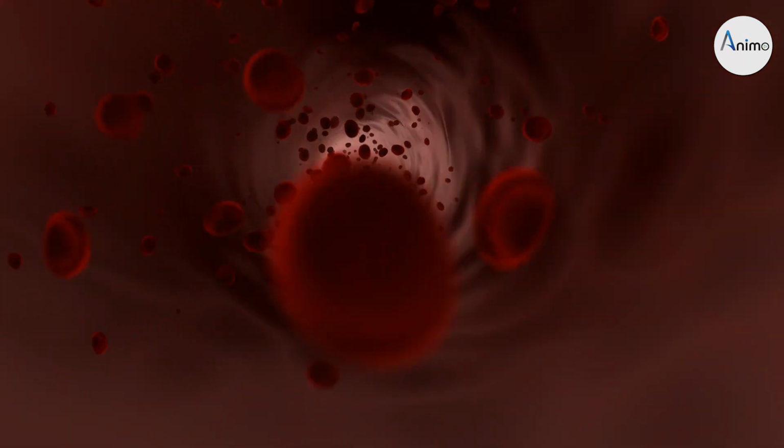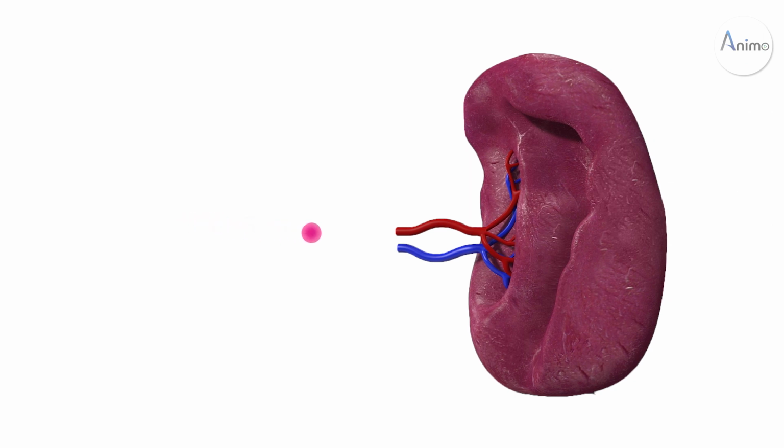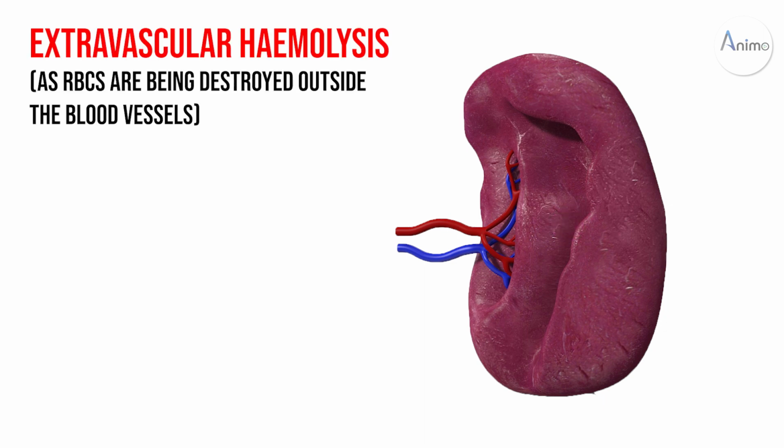So what's the problem with these RBCs? Actually, they may function the same or slightly less than normal RBCs. The real problem is that when these spherocytes pass through the vasculature of the spleen, they cannot make their way through and their membrane ruptures, causing extravascular hemolysis of RBCs, as this hemolysis is not occurring inside the vessels but inside the spleen.